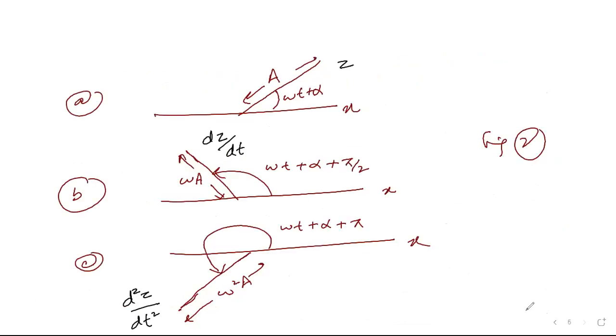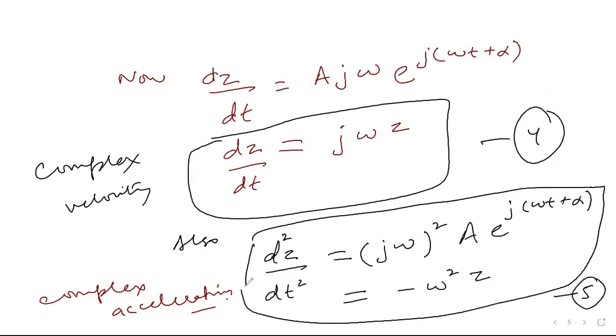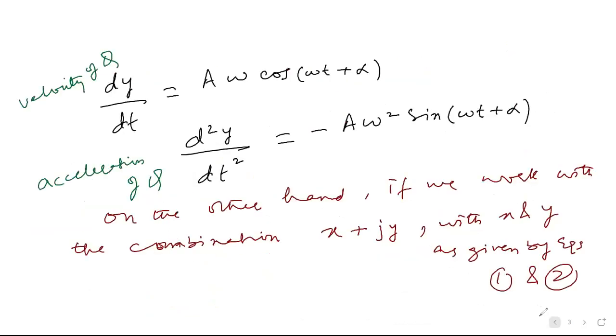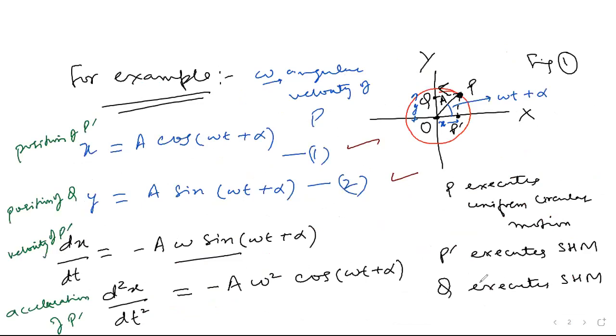Now, as we said, the complex position, velocity, and acceleration mathematically contain two oscillations: the oscillation along x and the oscillation along y. Mathematically, we go forward with these two oscillations, but at the end, we discard the oscillation along the y-axis.